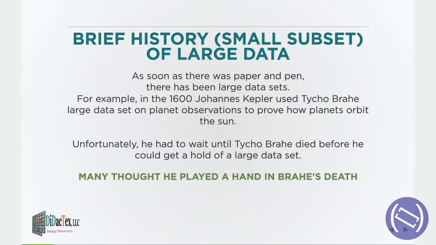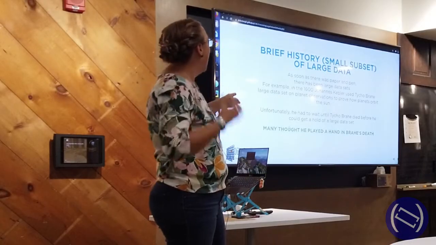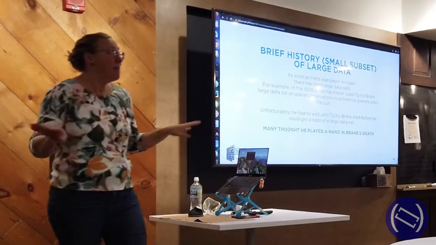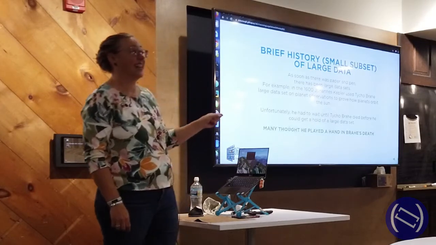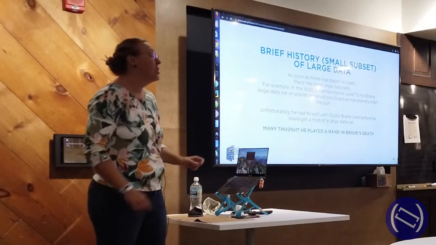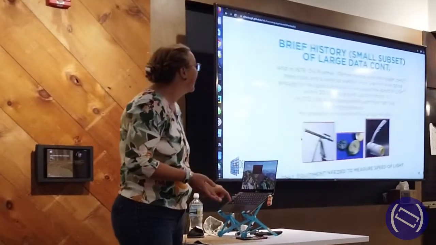Well, Tycho Brahe was a jerk, and he refused to give Kepler the data set, even though Kepler was living with him. So he had to wait until Brahe died. Many people think, to this day, that he killed Brahe to get this data set. Brahe has been exhumed so many times to test whether he really was murdered or not.